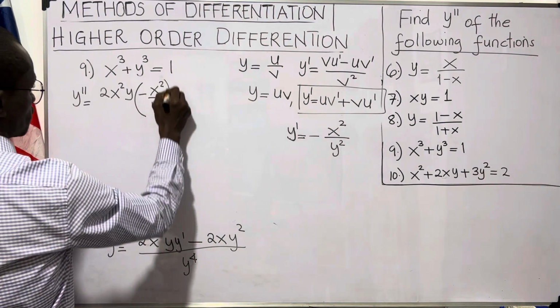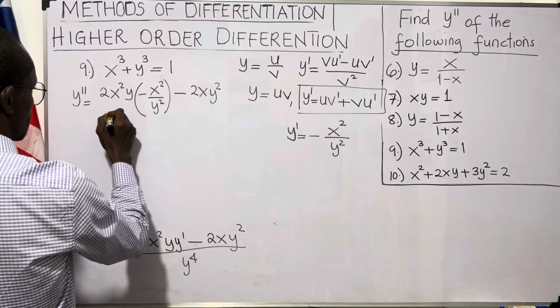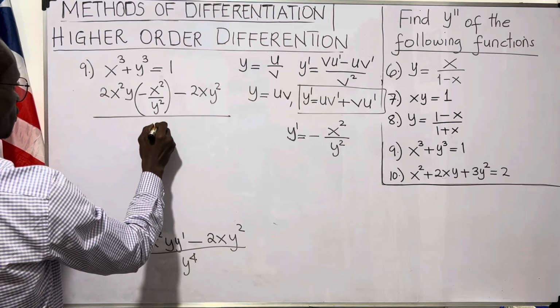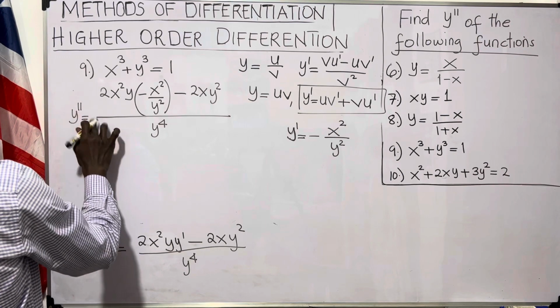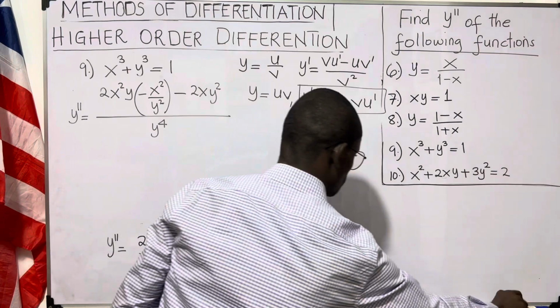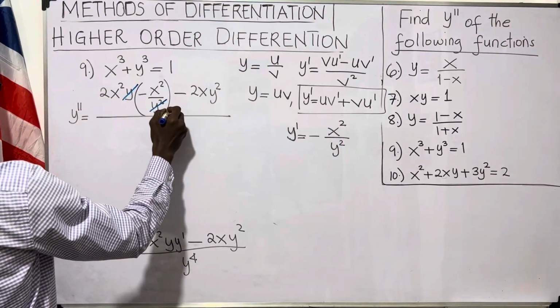This is it, the first one. Minus 2x y squared, all divided by y to the 4th. So this y can cancel 1 from here.